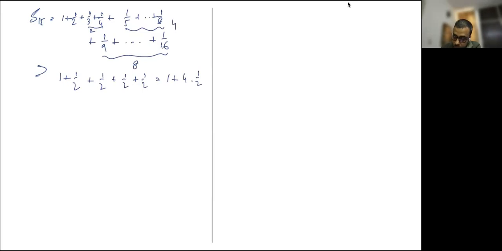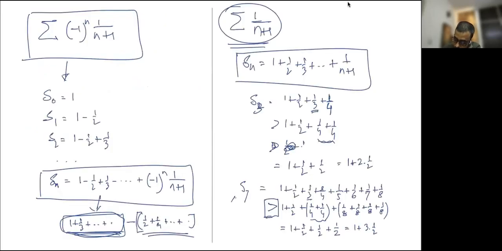So now you can see the pattern, right? The pattern is this. If you take not the nth partial sum, but the (2 to the power n minus 1)th partial sum. So this is S of 2 to the power 4 minus 1. The previous one was S of 2 to the power 3 minus 1.